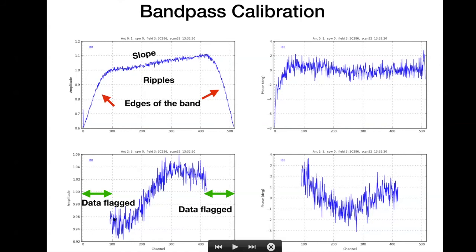Once I calibrate, let's just look at the amplitude part here. I see that it may look like a drastic variation, but if you look at the numbers, even if I look at this part, it was varying from 1 to 1.1. Now the entire variation is from 0.94 to 1.04.